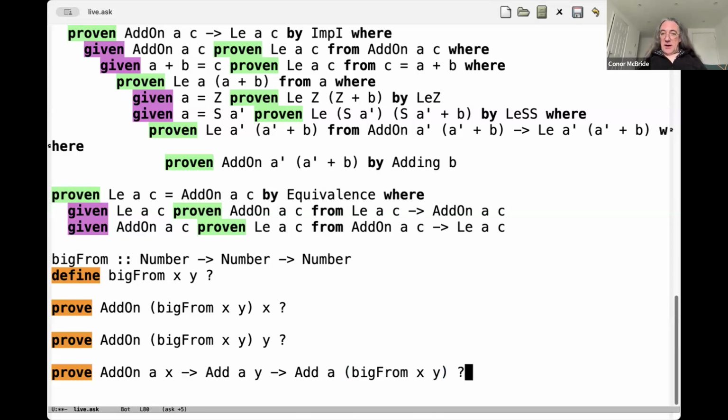So now we can't just pick 0, right? Because you can get from 2 to 5, and you can get from 3 to 5.